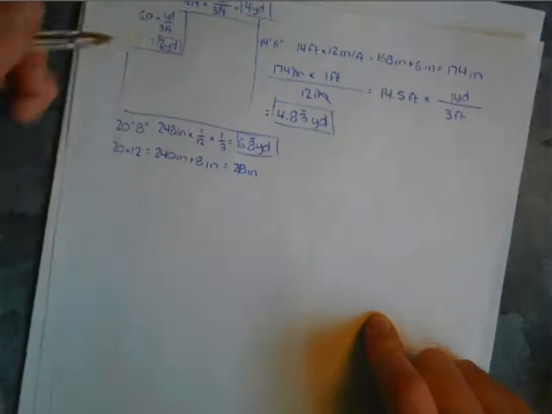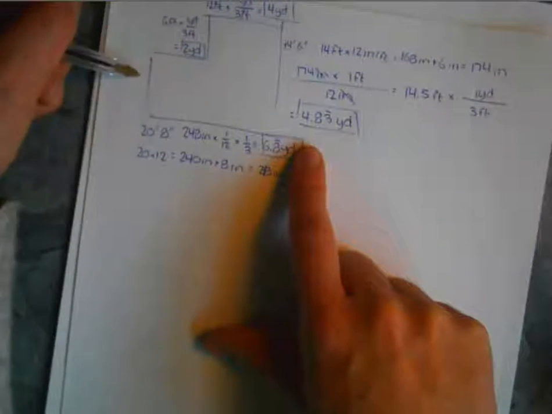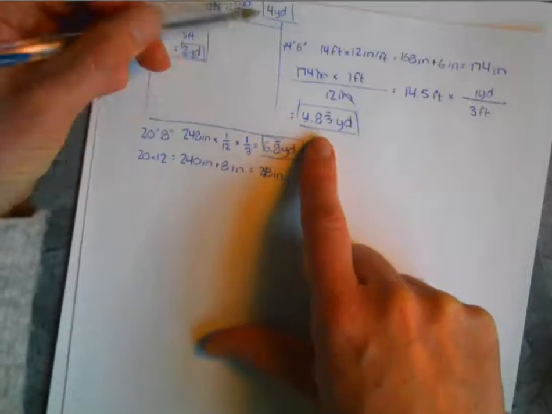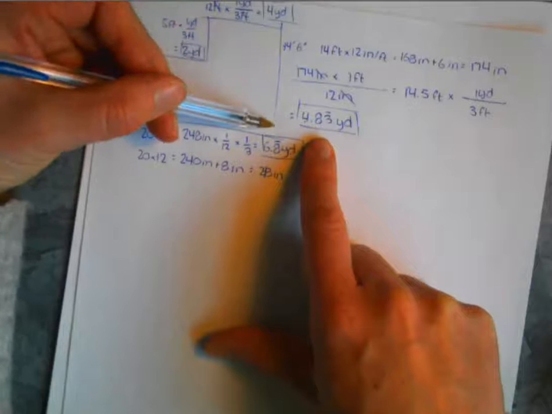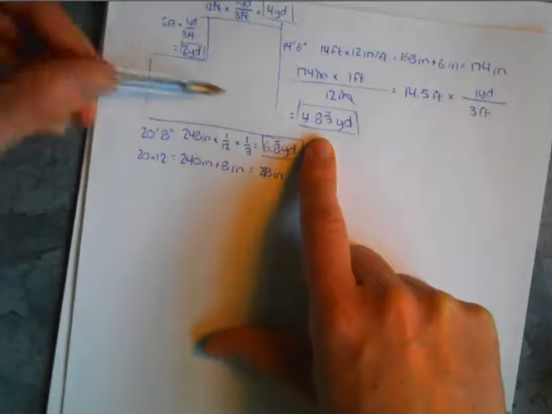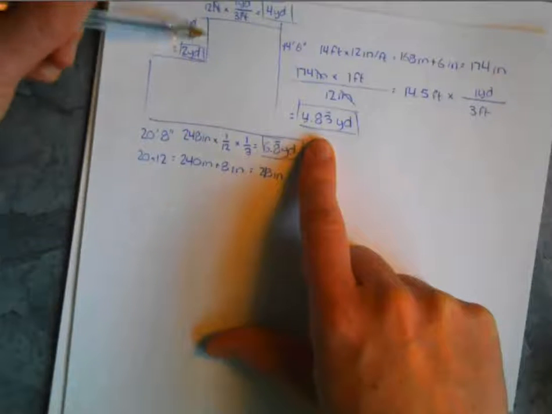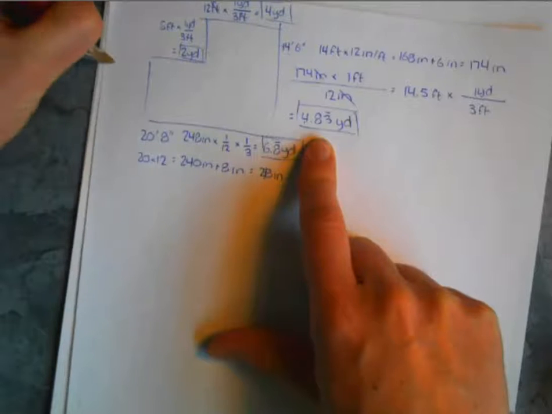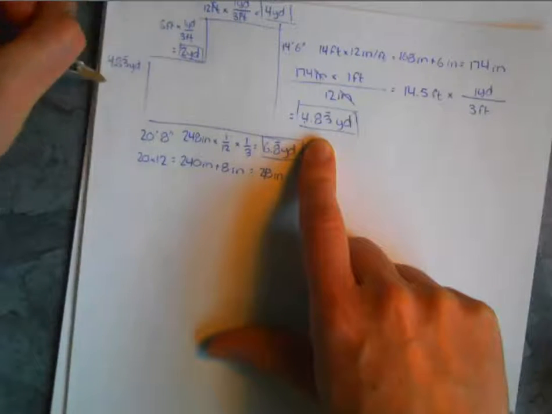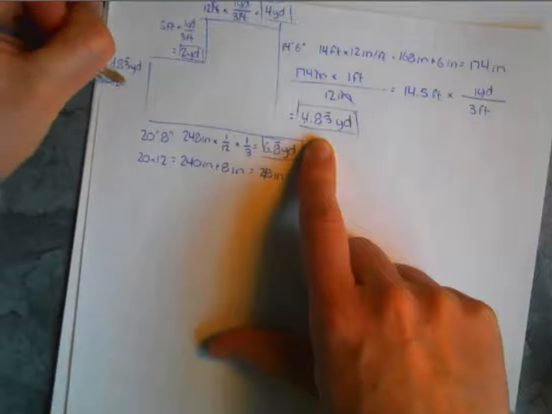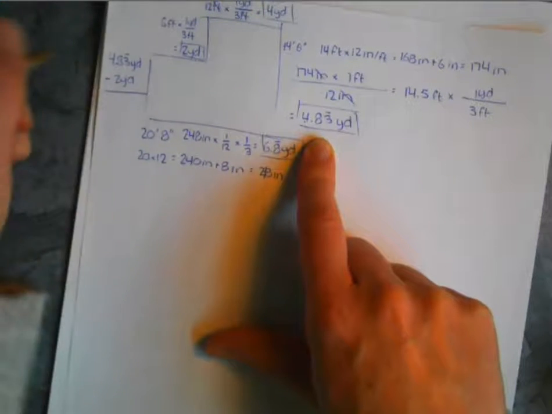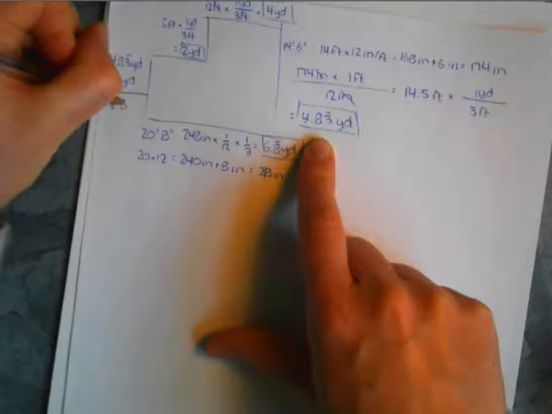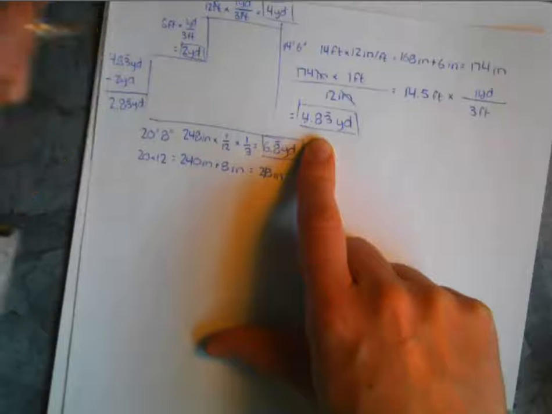We're going to use the yard measurements instead of the feet to get this side. So if this long side here was 4.83 yards, this side is this length minus that initial one. So it's going to be 4.83 repeating yards minus 2 yards, which is going to give us 2.83 repeating yards.